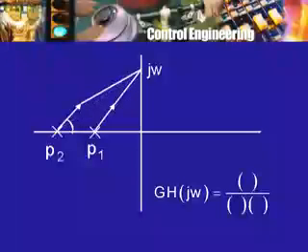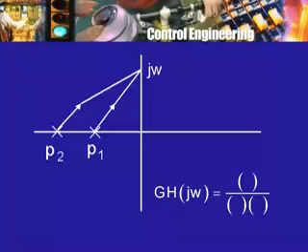It is also an angle made with the positive real axis, a positive angle maybe of the order of 30 degrees. However, these two factors are in the denominator, and therefore, as far as the argument of GH of j omega is concerned, it is not going to be a positive angle, but a negative angle, lying between 0 and 180 degrees.